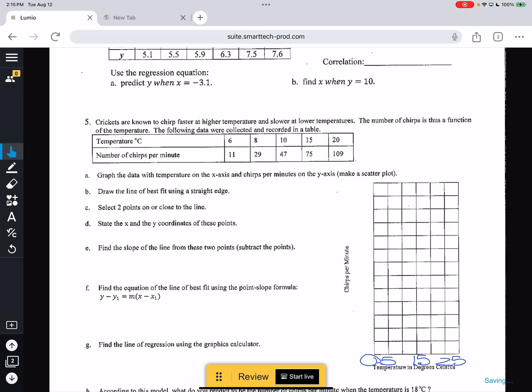And going up for your minutes, I counted by 10s: 10, 20, 30, 40, 50, 60, 70, 80, 90, 100, 110.